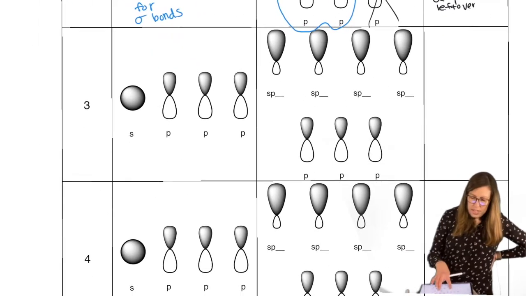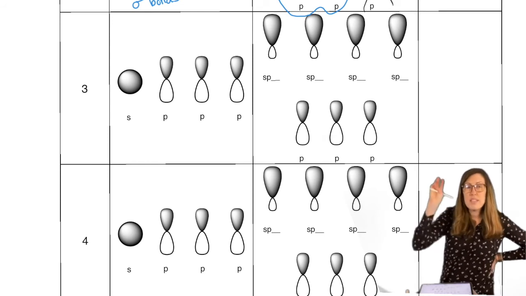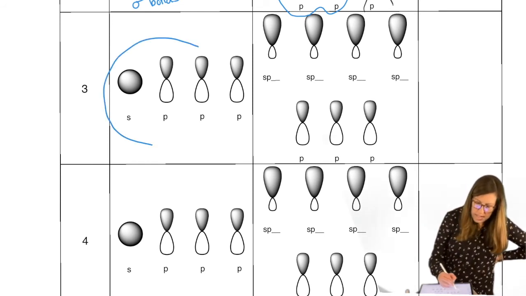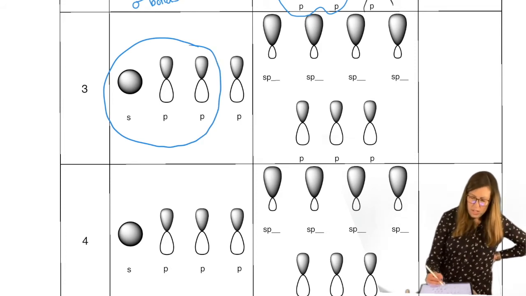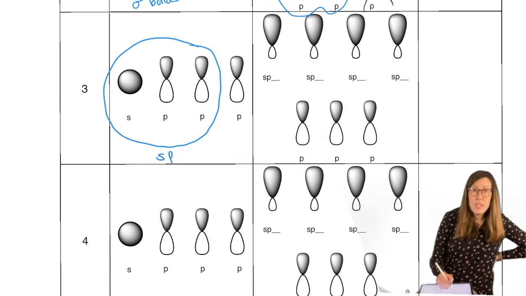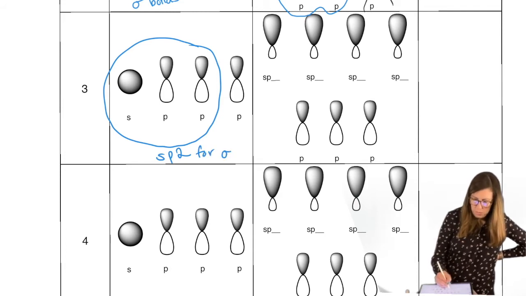Now, what if you said, I see my carbon or my oxygen or my nitrogen using 3 sigma bonds? That means I need to circle the first 3 orbitals I see. That means I'll use an sp2. I circled 2 p orbitals, sp2, for my sigma bonds. Let's fill in a 2 now.